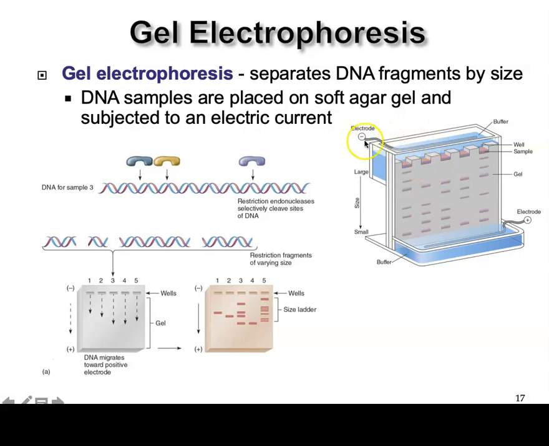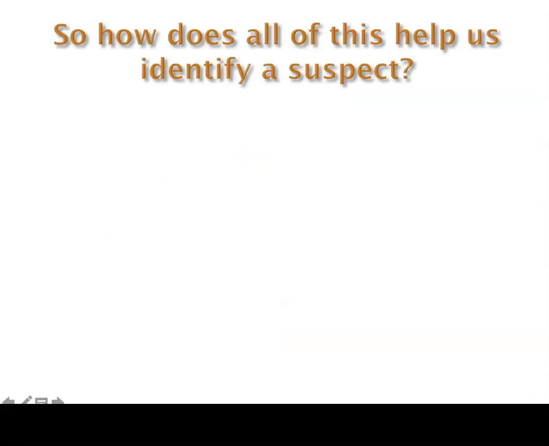There is a little electric charge here, so we run a current through it, and then the DNA will migrate. DNA happens to be negative, so it's going to be attracted to the positive end, and it'll migrate through the gel. Based on how far it moved, it will make patterns. You can stain it with different dyes, and you can compare DNA. Let's take a look.